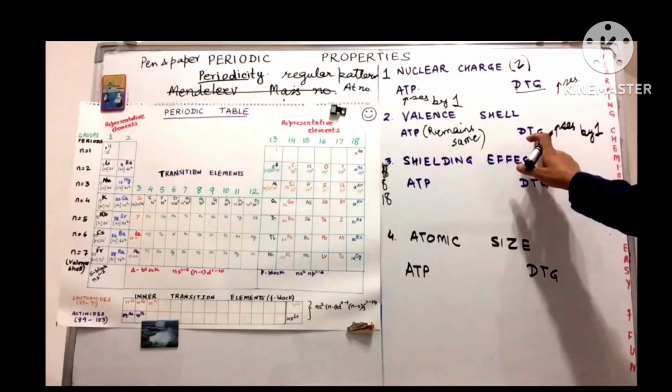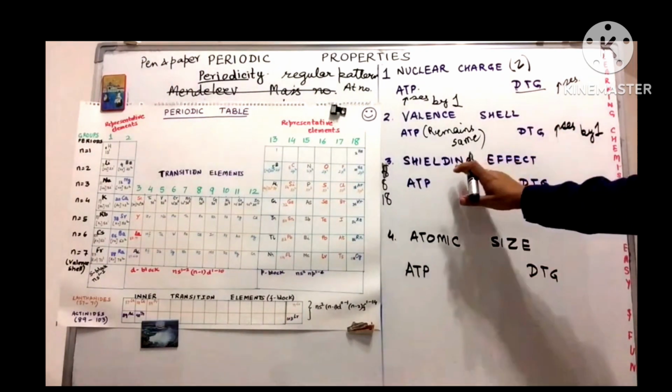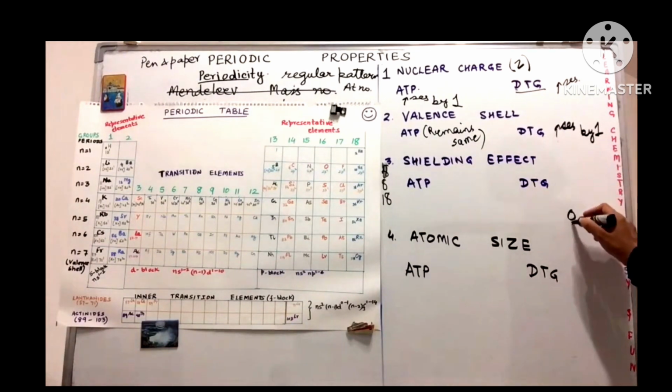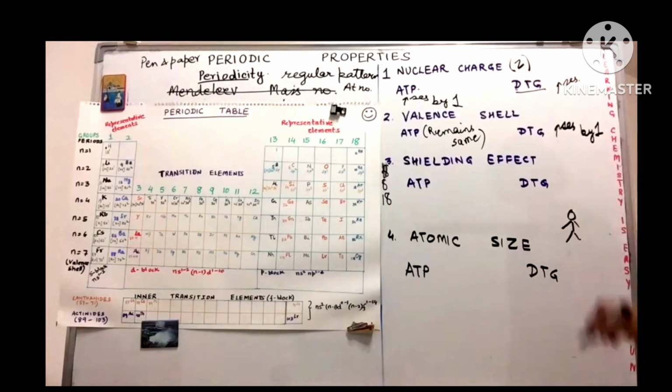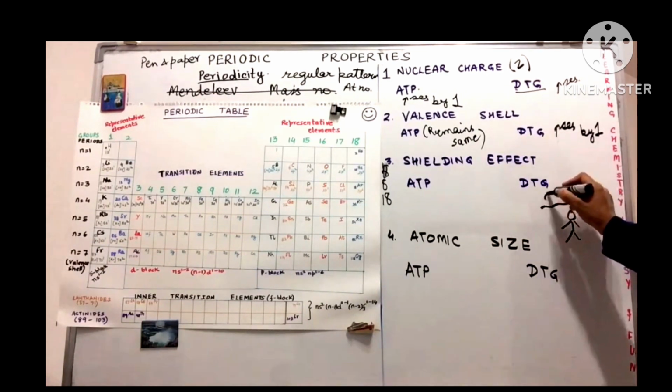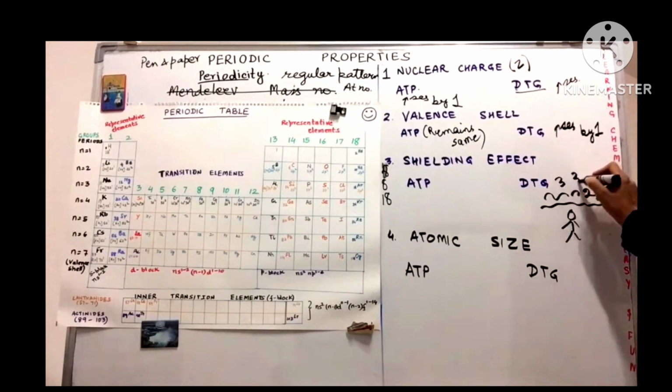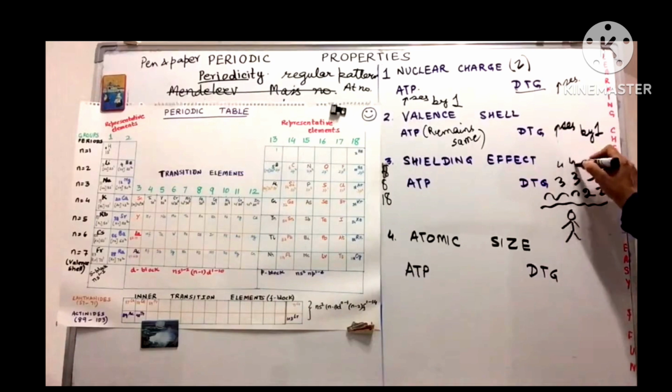So obviously in a particular group, the period number is increasing, and that relates to the valence shell. Now I'm going to talk about shielding effect. I have made a separate video on shielding effect under the topic atomic structure, but just to touch base. Let's suppose we have a teacher in the class. These are my front benchers, second row, third row, fourth row.